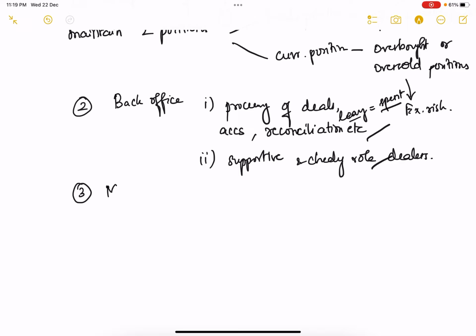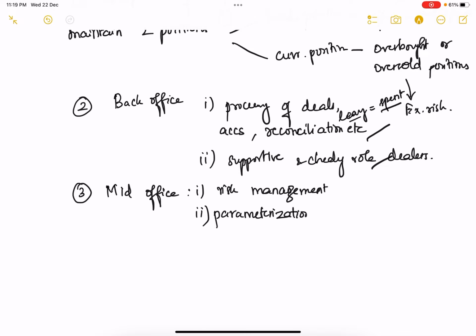Now moving on, the third part of a dealing room operation is the mid office. The mid office deals mainly with risks, that is, it manages risks. For parameterization of risk, it checks over the risks taken by the dealers.